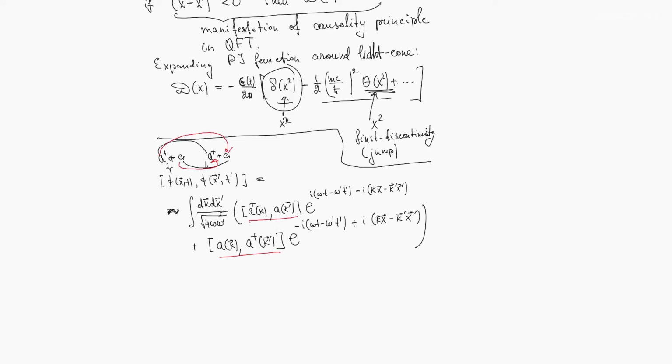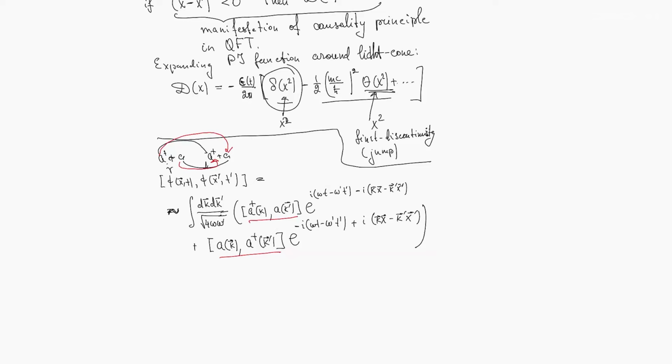The next step is obvious. You use commutation relations between these quantum oscillators, so you replace them by delta functions. And then you can integrate one of the delta functions.